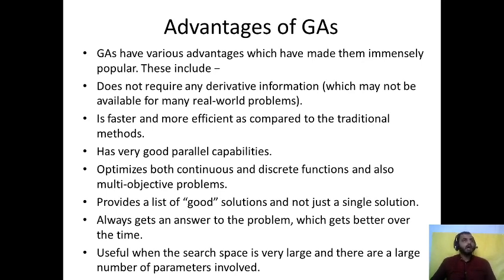For instance, there are some problems for which there is no algorithm, and there is directly some implementation. The second one is that it is faster and more efficient compared to the traditional method. It's obvious, compared to taking a step-by-step procedure: if you are directly following the path, then it is much easier.